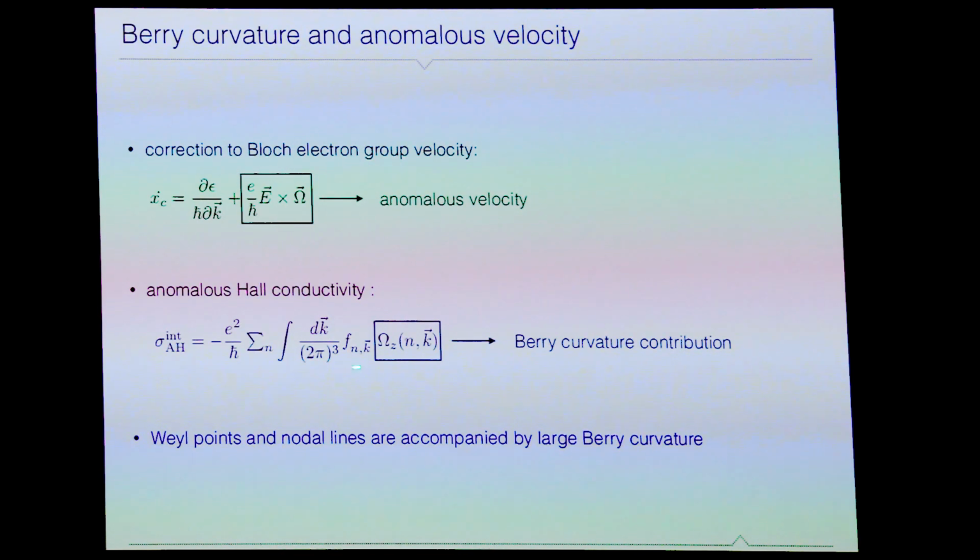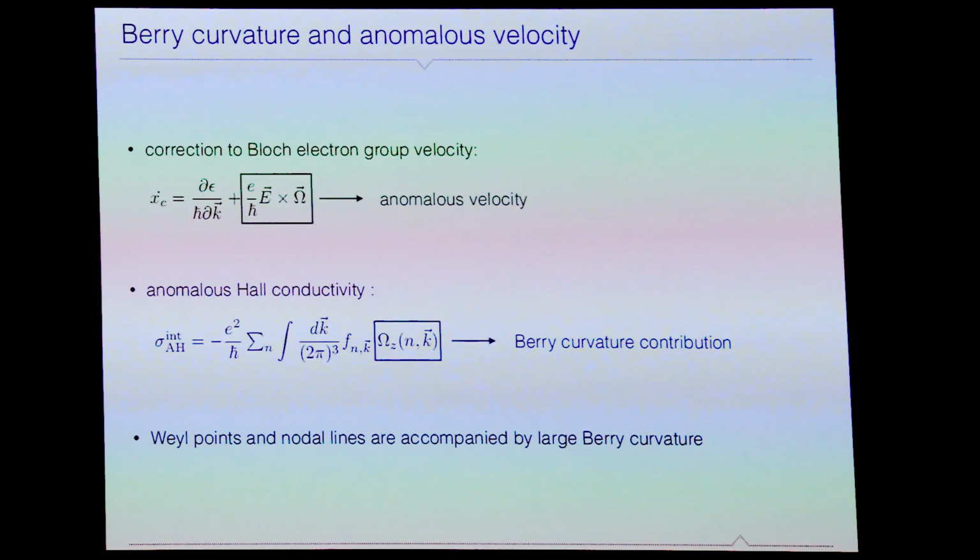And we already saw before that there is a rather simple formula to calculate the Anomalous Hall conductivity: you just integrate the Berry curvature in the Brillouin zone over all bands which are occupied. And with that you would get the intrinsic Anomalous Hall conductivity for your material.